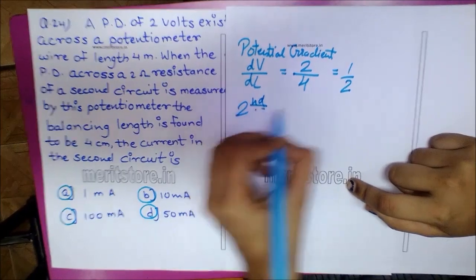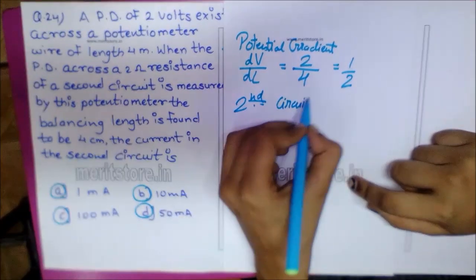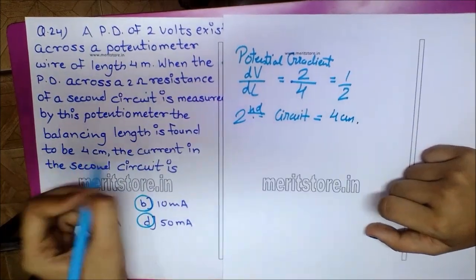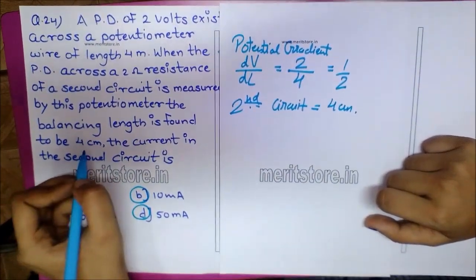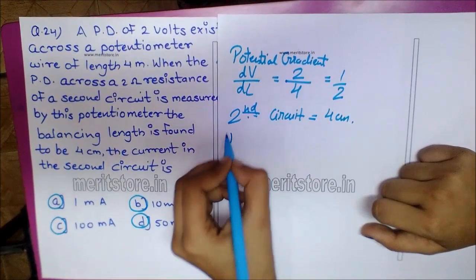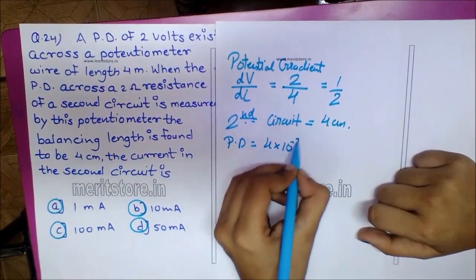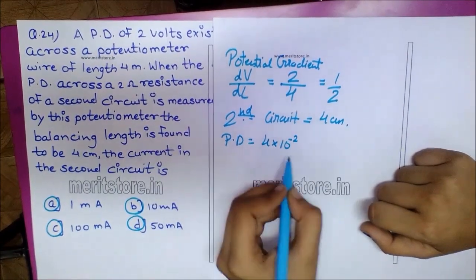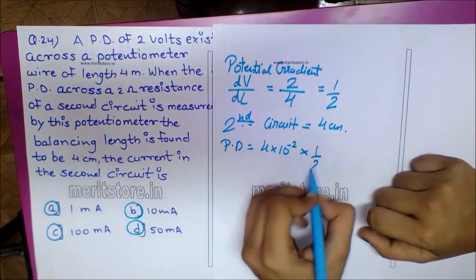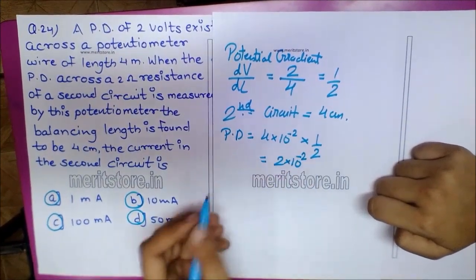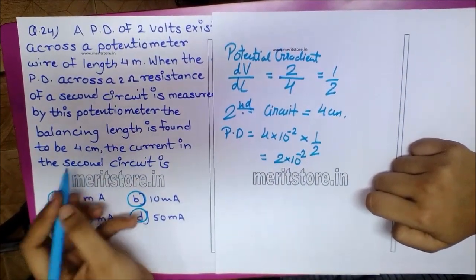Then they have given us the second circuit length as 4 centimeters. The length of the second circuit is found to be 4 centimeters. Now the potential difference or the voltage that we will find is 4 into 10 raised to minus 2, where 10 raised to minus 2 is converting centimeters into meters, into half. This turns down to 2 into 10 raised to minus 2. We are supposed to find out the current in the circuit.